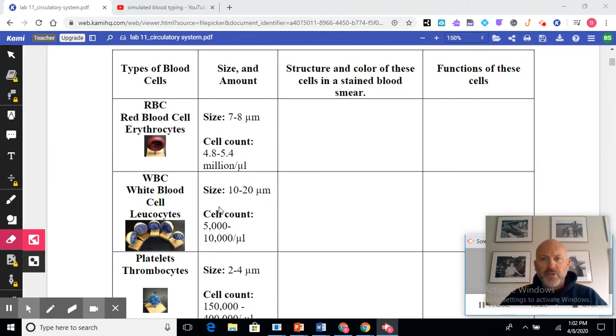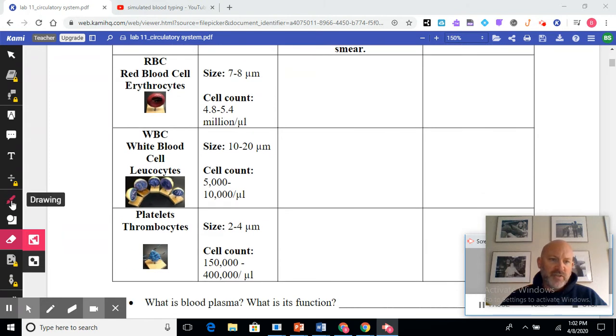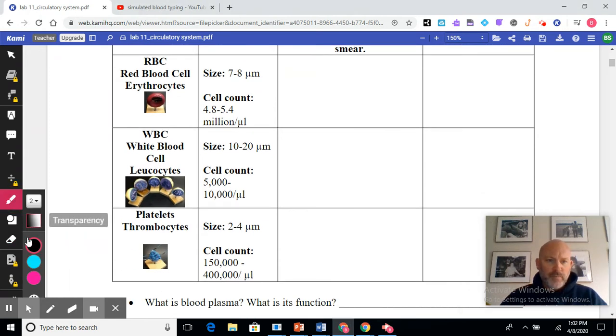All right. So describe the structure and the color of these. Well, we could probably draw this. If I was to draw a red blood cell, I'd try to do like a circle with like a little indentation in it, not like a donut, but like an indent.